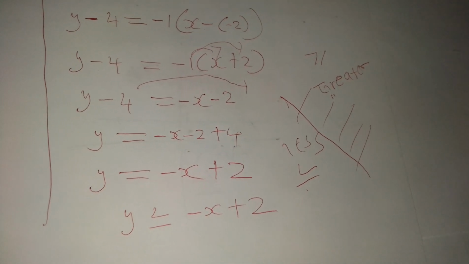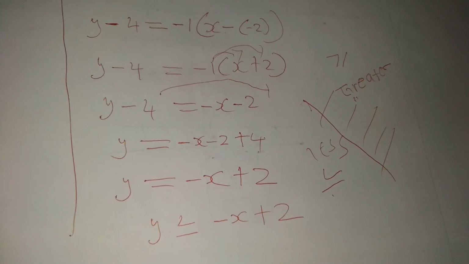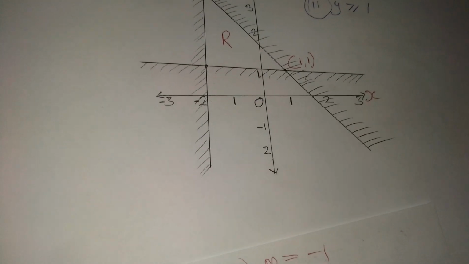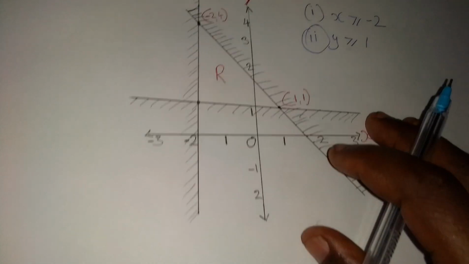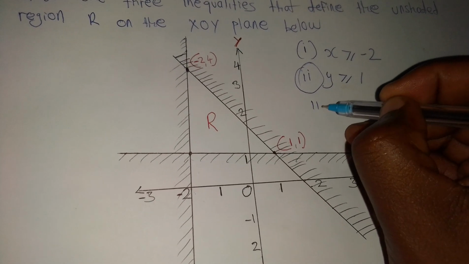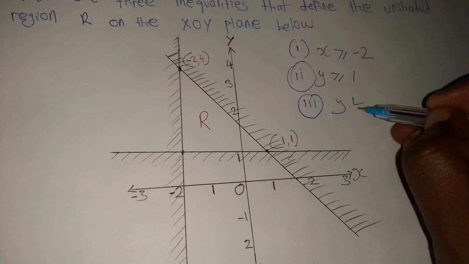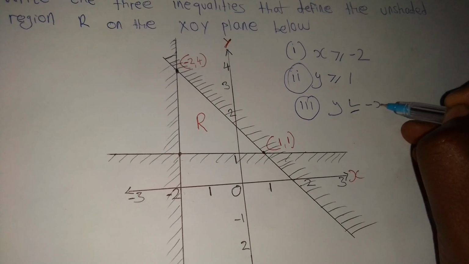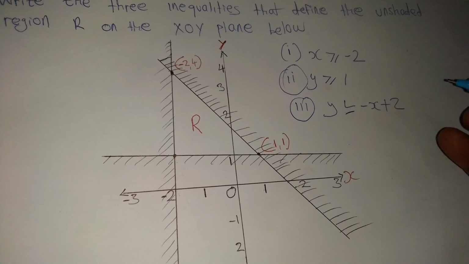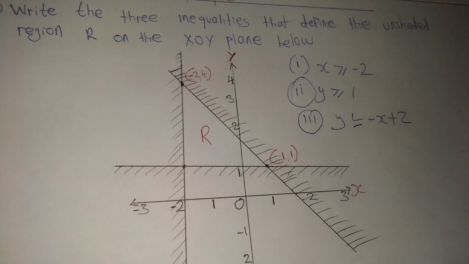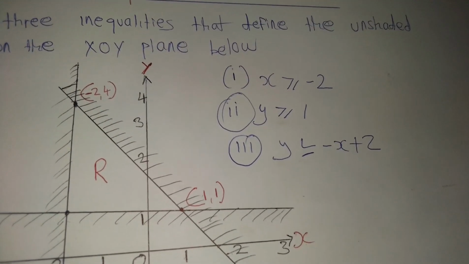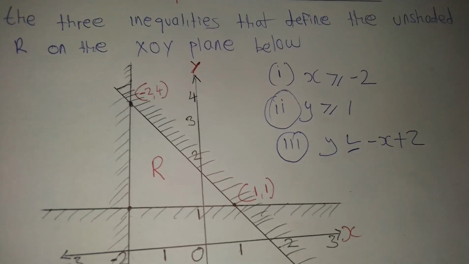Okay? So this one will be our third inequality. So we have to write here that our third inequality is y less than or equal to -x plus 2. That's so. Okay? So this is our third inequality.